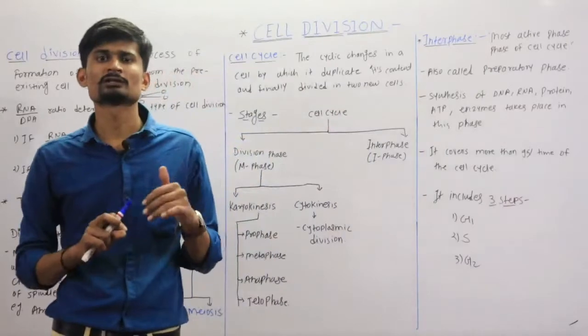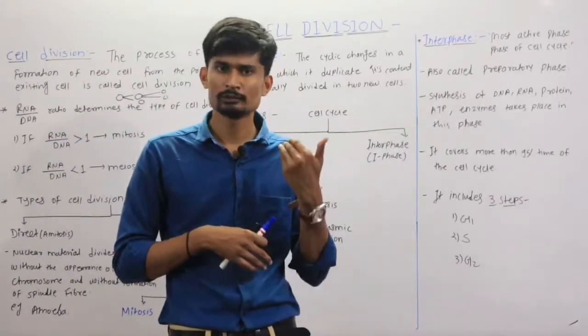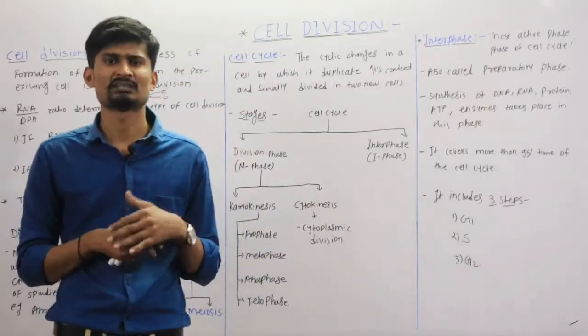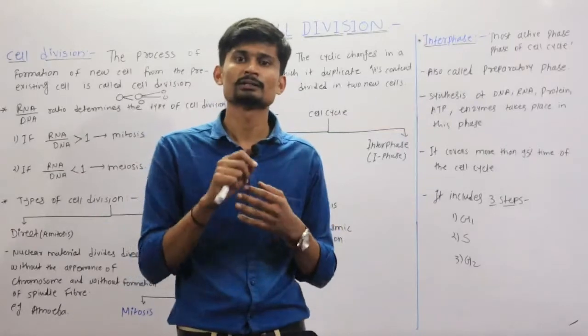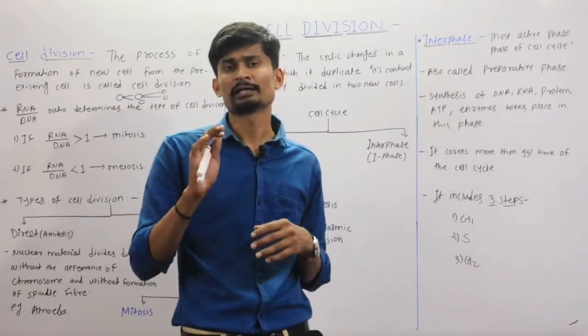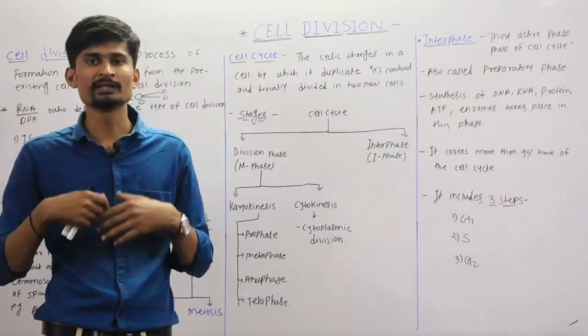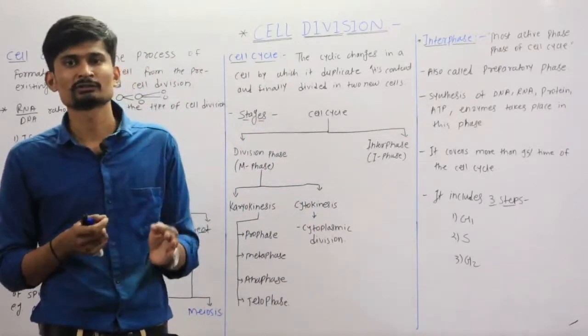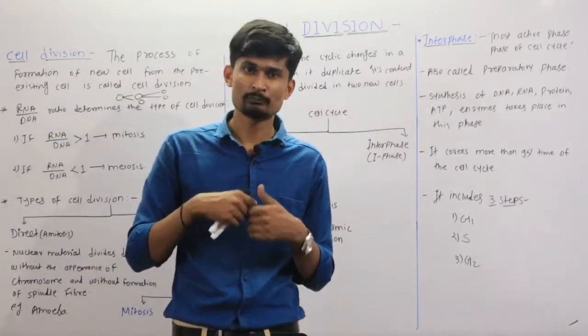Again, cell division occurs in the injury region. When you get injured due to falling or some reason, or an accident, there is a formation of new skin on your injured tissue or at the injured region. So repairing of the body is the main function of cell division. Cell division also occurs inside the body.